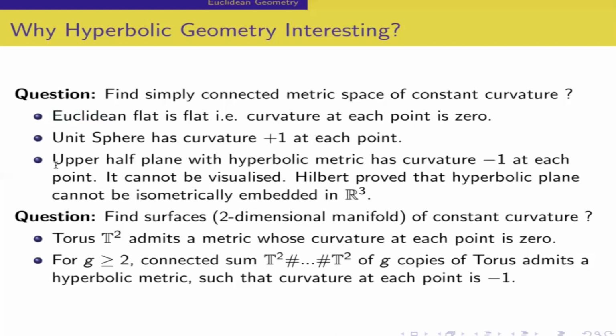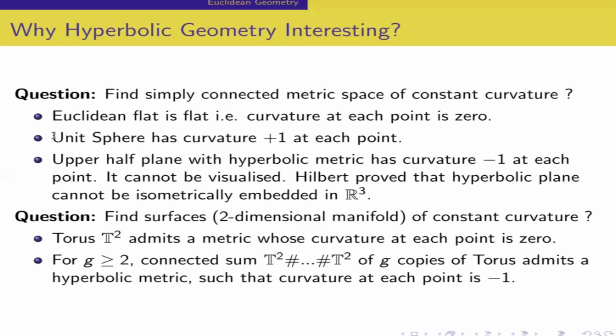And if I take the unit sphere embedded in R3, one can prove that it has curvature +1 at each point. So it is also a constant curvature surface. So we now have two examples: the Euclidean plane has curvature 0 at each point, and the unit sphere has curvature +1 at each point.